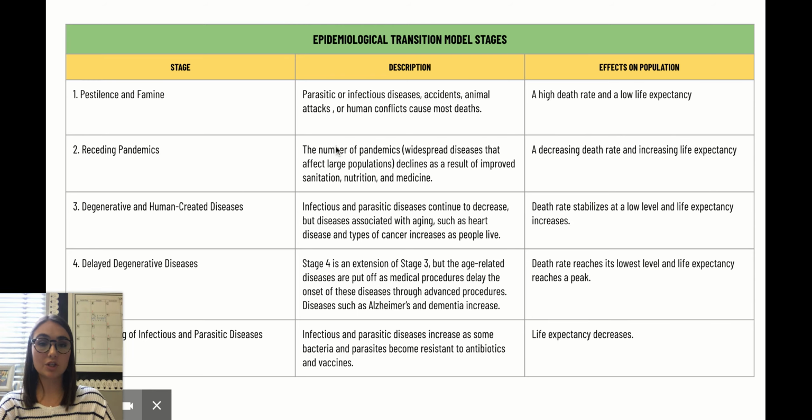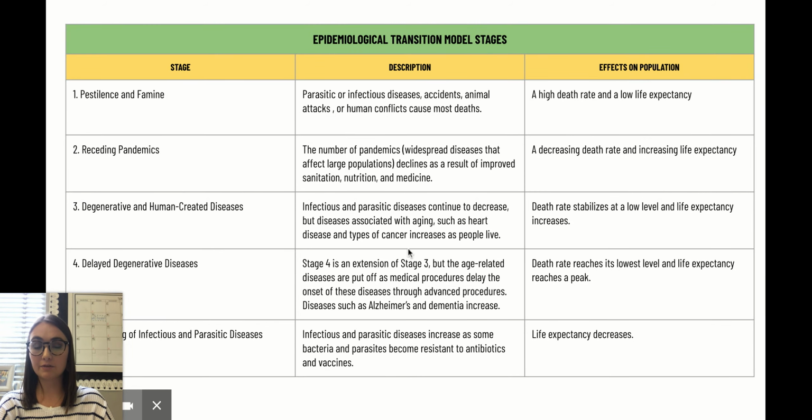So they're not so much concerned with these infectious diseases anymore, because usually countries in stage 3 now have access to antibiotics and medicines and things like that. But they are concerned with health conditions that affect aging populations, like heart disease, which is like a heart attack, and cancer, because people are living longer now.